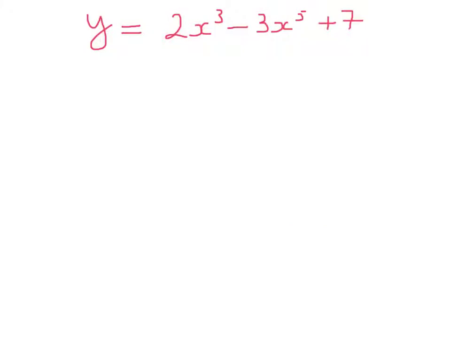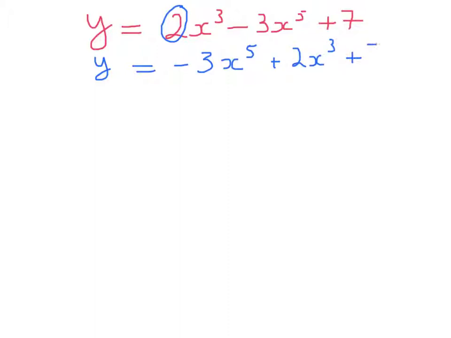Okay, this is the function that you were looking at on the worksheet. For the leading coefficient, did you say it was 2? If you did, can you see why that is not correct? The function is not written in descending order and needs to be rewritten so that the term with x to the power of 5 is first.